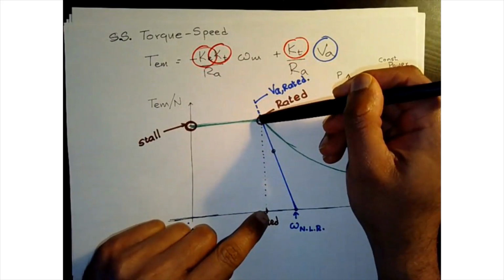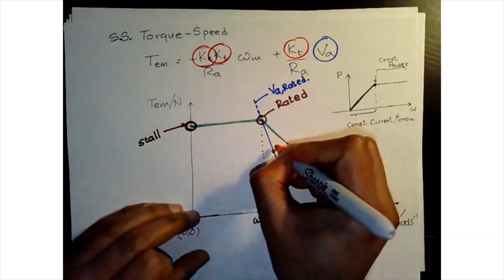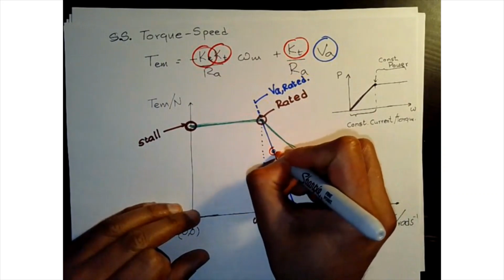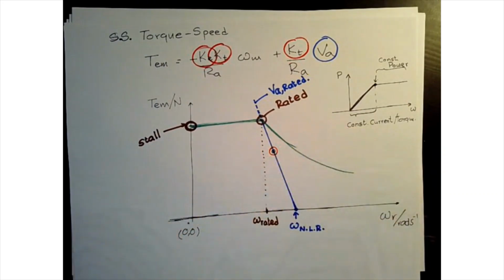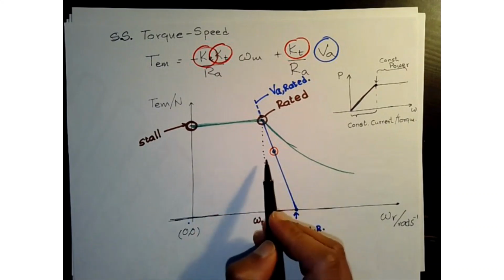In comparison to that rated operating point, what can we say about this operating point, about torque and speed? Exactly, less torque, more speed.